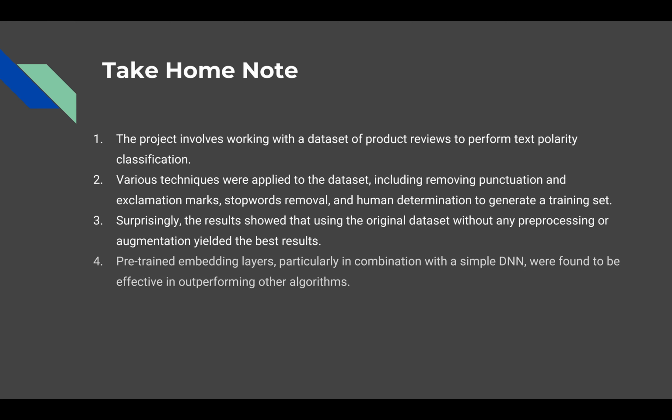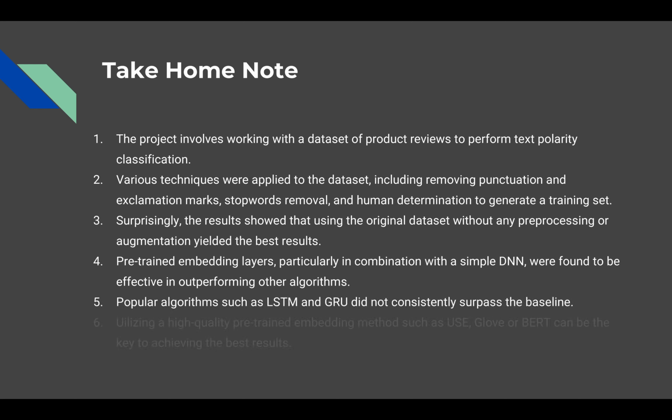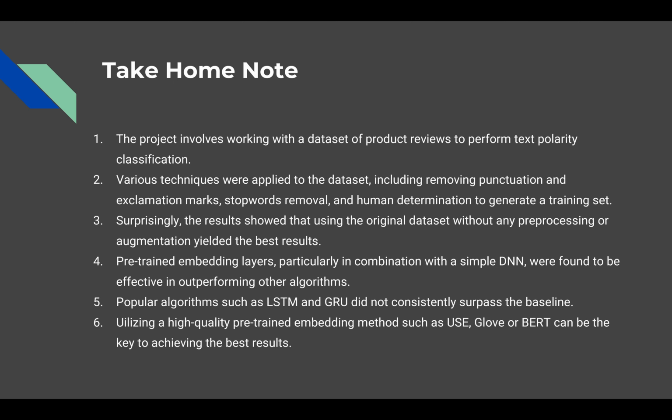We found that pre-trained embedding layers, particularly in combination with a simple DNN, outperform other algorithms. However, popular algorithms such as LSTM and GRU did not consistently surpass the baseline. Finally, we concluded that utilizing a high-quality pre-trained embedding method such as USE, GloVe, or BERT can be the key to achieving the best result.